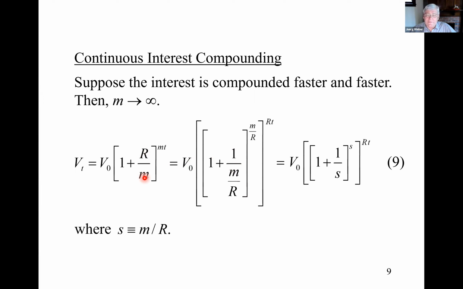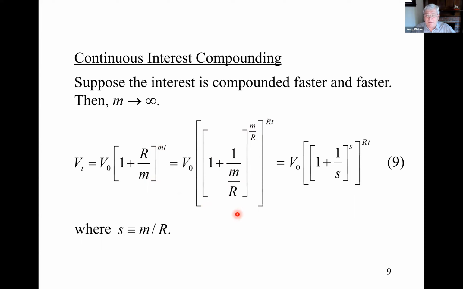If you have problems with this step, you should think from the right to the left. Dissolve the bracket, multiply the powers, you get mt, and then here you divide by the fraction m divided by r. So you should multiply with the inverse of it. So that's r divided by m.